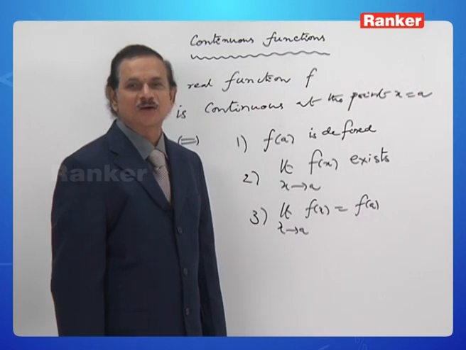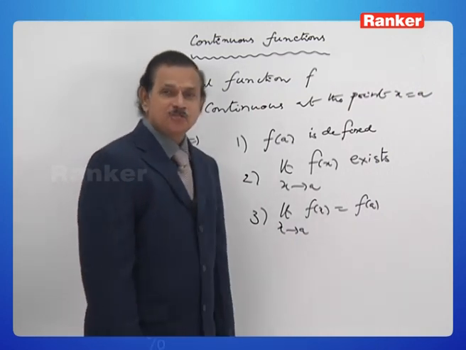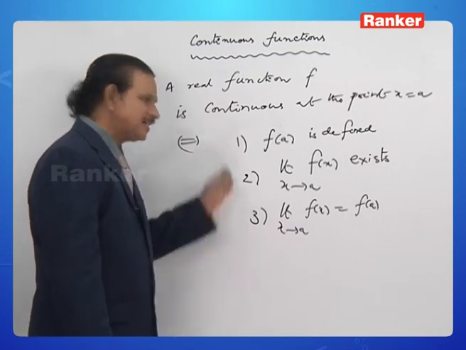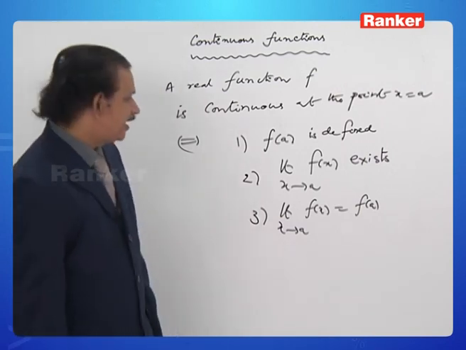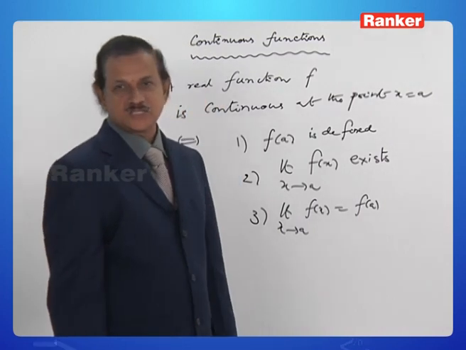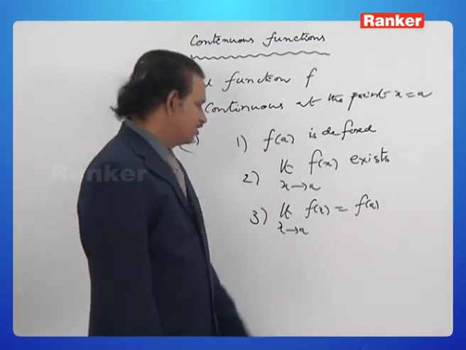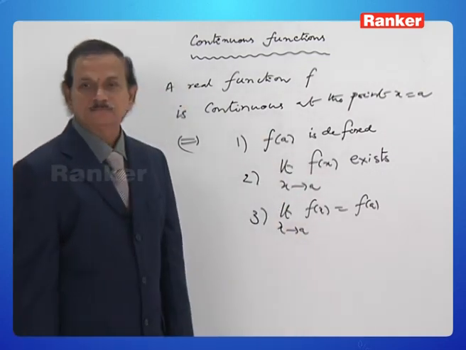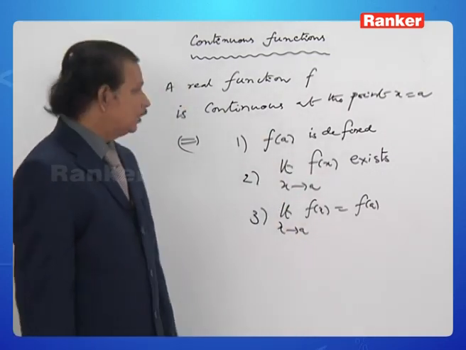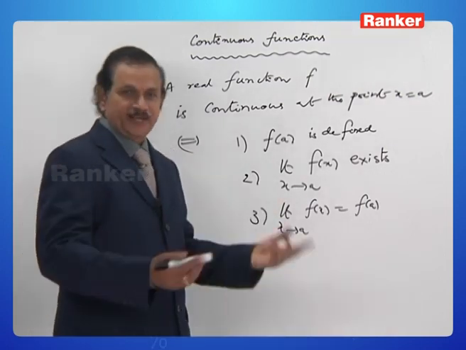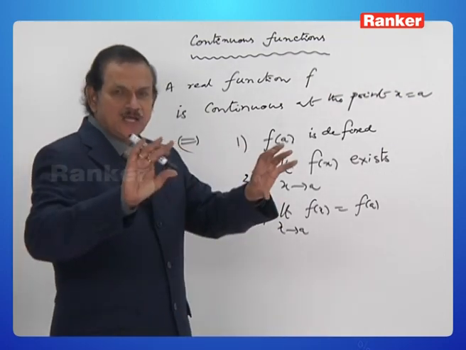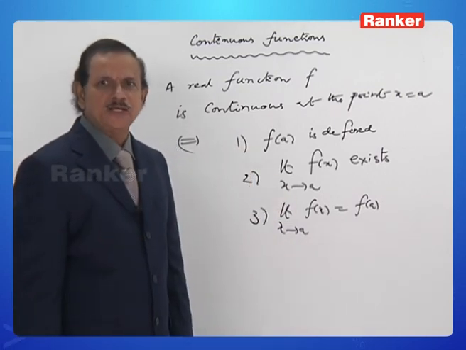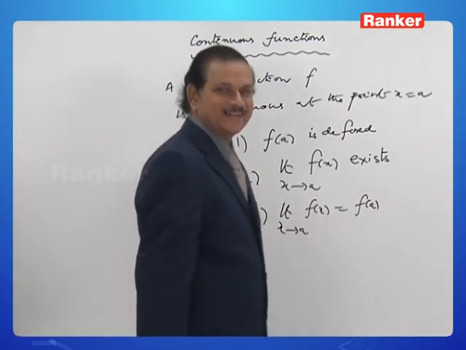So, in order to test the continuity, this is the order that one must follow. The first condition, f of a must be defined. Second condition, the limit as x tends to a of f of x exists. Third condition, the limit as x tends to a of f of x is equal to f of a. Of course, these three conditions can again be put in a box in a still briefer way. Let us now look at that brief way.